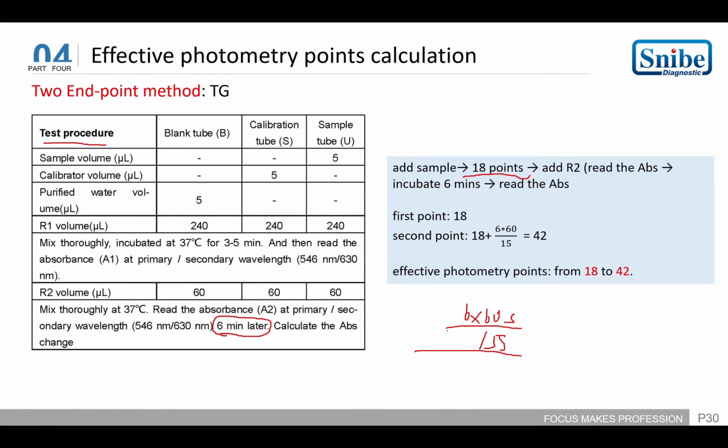But the first point is 18, and the second point is 18 plus these time points. At last we got 42. The first point is 18. So it's from 18 to 42. This is about the two end points measure.